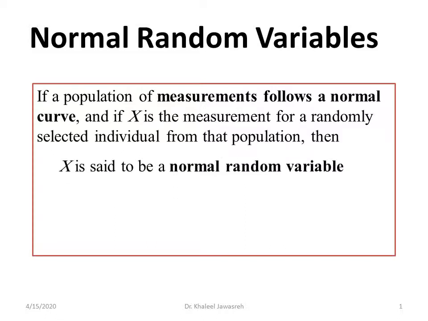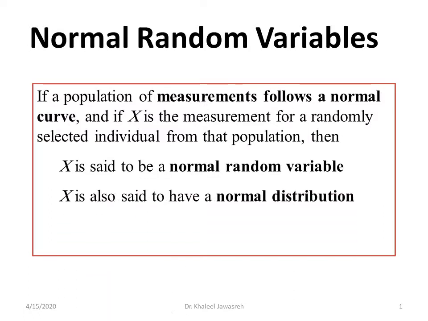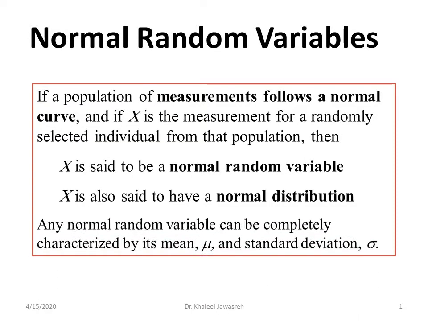If this population follows the normal curve, and we take the measurement for a randomly selected individual from the population, then X, the measurement for the randomly selected individual, is said to be a normal random variable, and also said to be normal distribution or normally distributed. Normal distribution معناته موزع توزيع طبيعي.